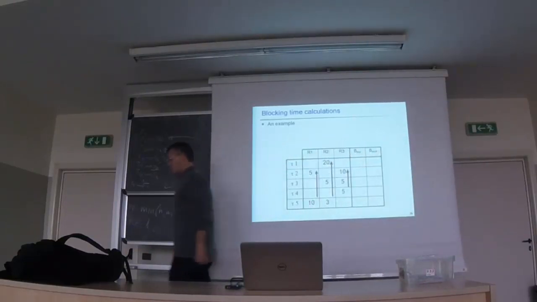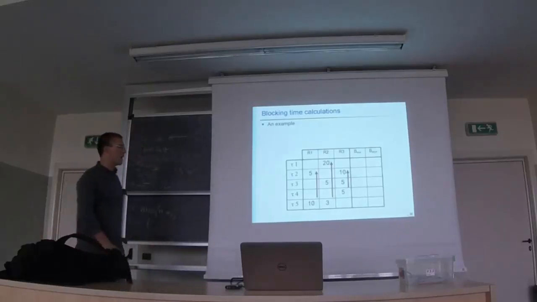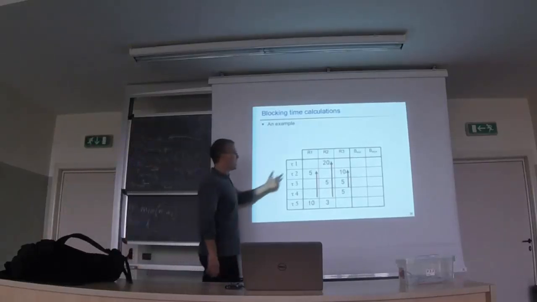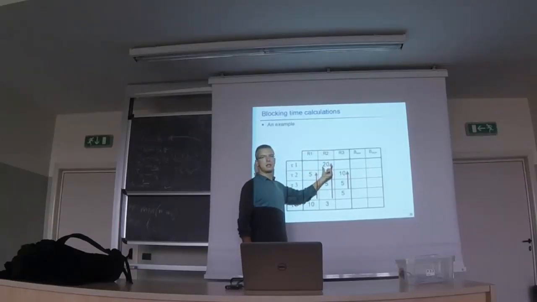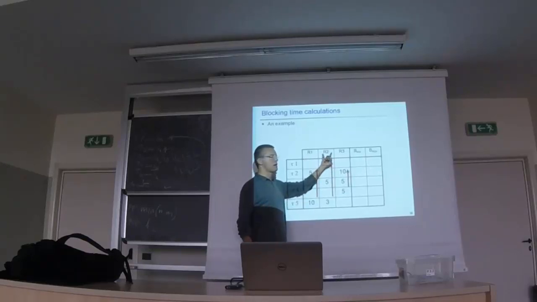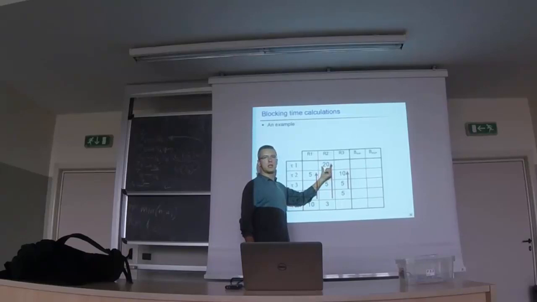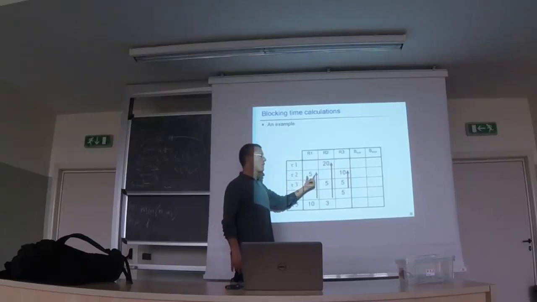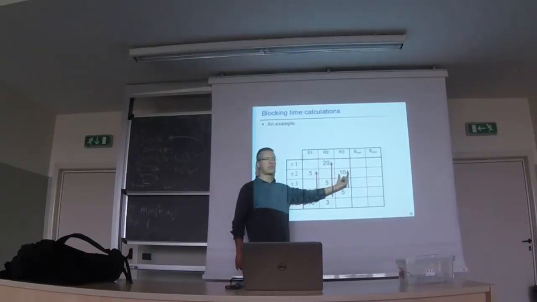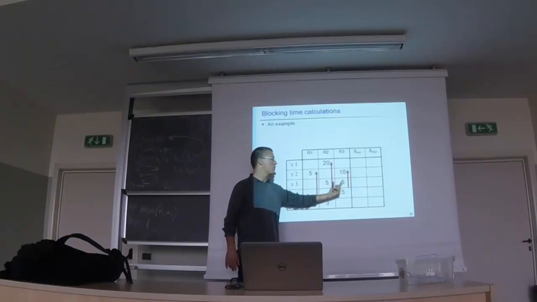So, which data do I have? I also know that tau 1 will access only R2, and the critical section will be for 20 time units. So the critical section accessing R2 will be 20 units long. Tau 2 instead may access R1 for 5 units and R3 for 10 units. And so on.